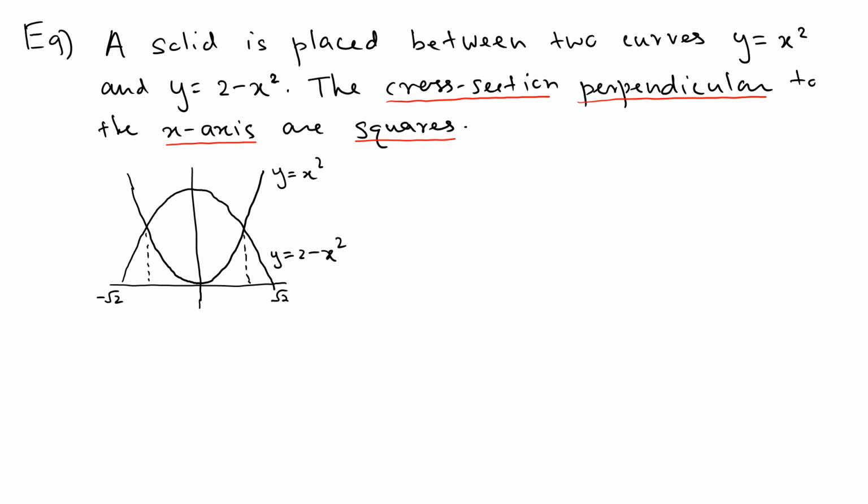But let's look at the other part. When you slice it perpendicular to the x-axis, your typical cross section looks like that. That's the small cross section, and the gap is dx, in the x direction. When you cut it, it looks like a square. So what you get is a slab with a square base.